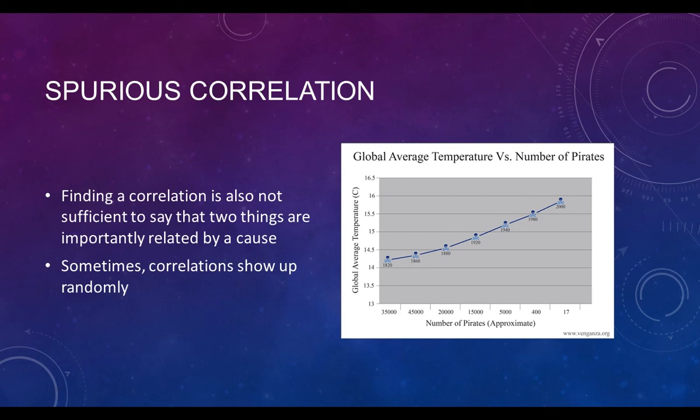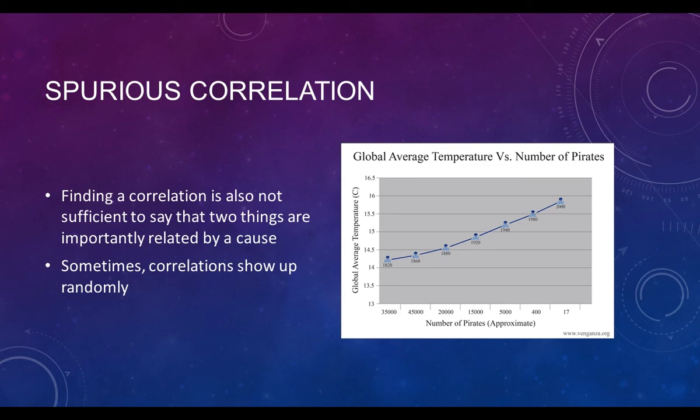They are correlated. This graph is really weird, actually. The x-axis goes 3,500, 4,500, 2,000, 1,500, 5,000, 400, 17. What? Anyway, the correlation is not as neat as this bizarrely constructed graph makes it look, but there is nonetheless a correlation between rising global temperatures and declining Caribbean piracy.